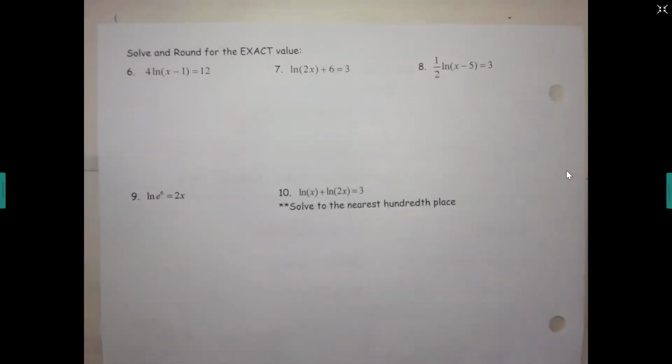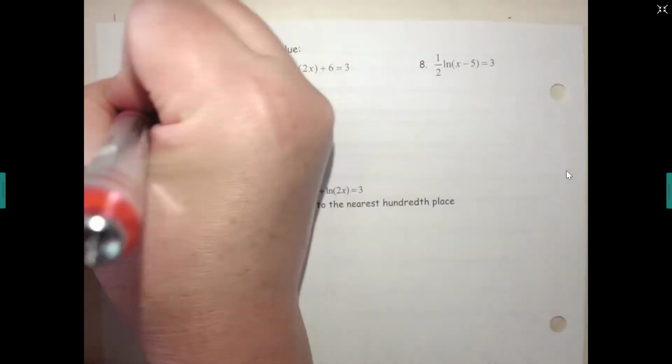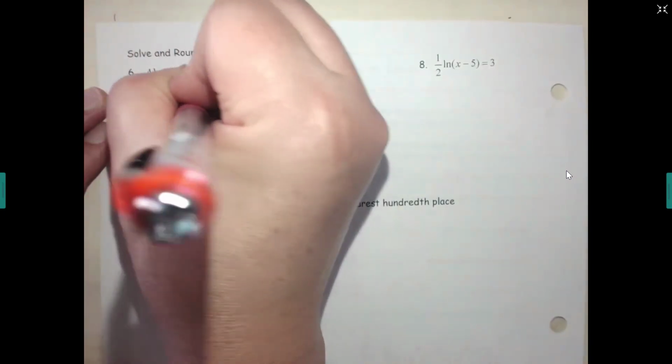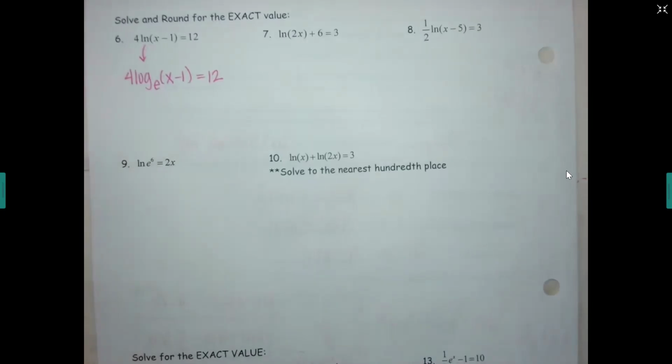Okay, so if you have an ln, I want you to remember that that's really a log little e of x minus 1. Okay, because remember, ln is a natural log, which means it's a log base e. So really, now that you know e is a number, you're really just solving this regular.